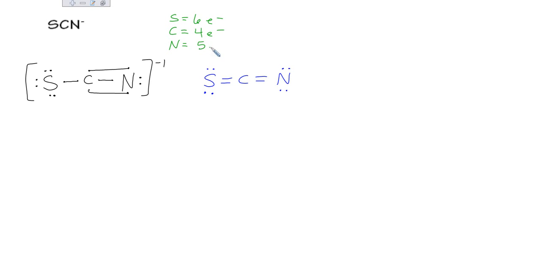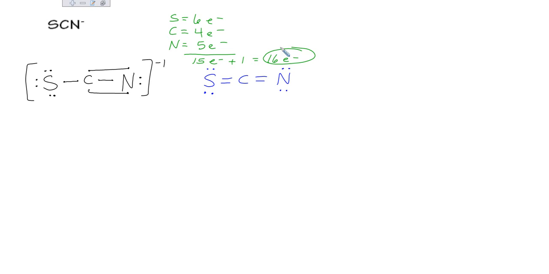Nitrogen is 5. So if we add all those up, we get 15. But since it's a -1, we get to add 1 for a total of 16. So an acceptable Lewis structure needs to give everyone at least an octet, and we have to use 16 electrons.